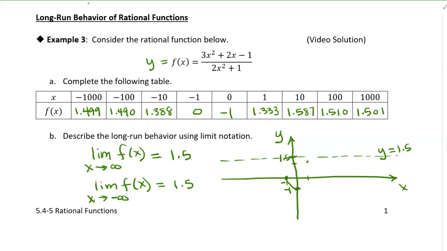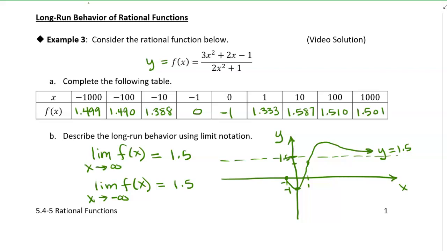And then it goes above 1.5, right? It goes above 1.5, but then it starts coming down toward 1.5. That's why I drew in that line y equals 1.5, because it peaks up at some point above that line, but then it gradually goes down toward that line y equals 1.5.